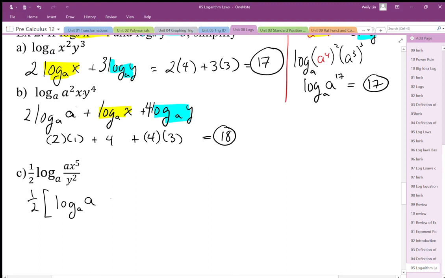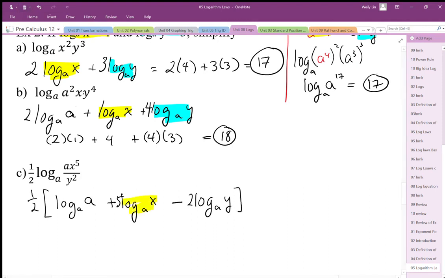So I get log base a of a plus, because that's a times, x to the power 5, 5 comes to the front, minus, because now the y is a divide, log base a of y, and again the power comes to the front.